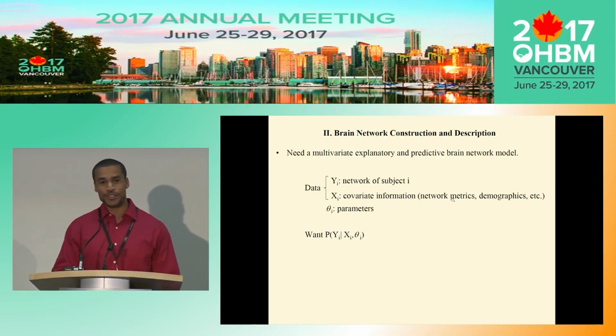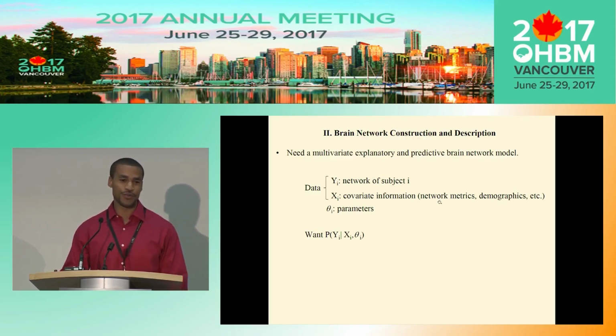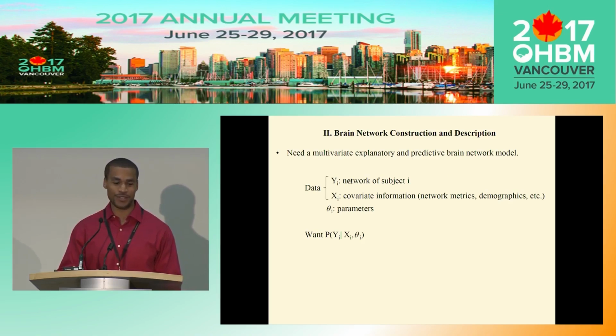And so in order to systematically analyze all of these systemic properties of networks, we really need a multivariate, explanatory, and predictive brain network modeling approach. If we denote the network of subject i by Y sub i, you can think of this as the adjacency matrix for subject i, and the covariate information of subject i by X sub i.